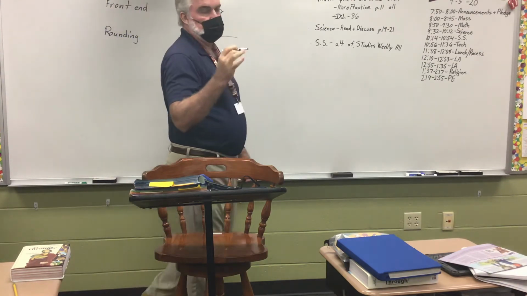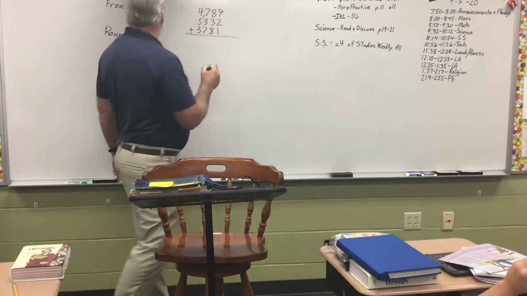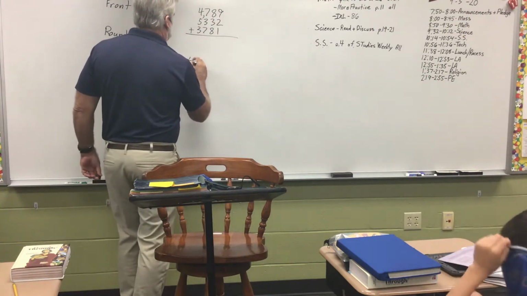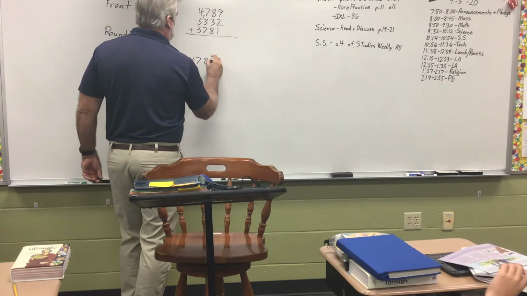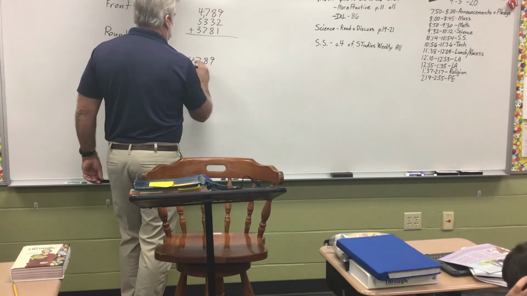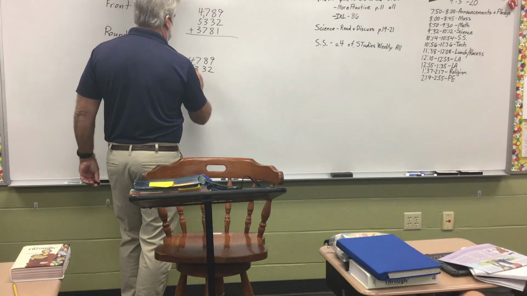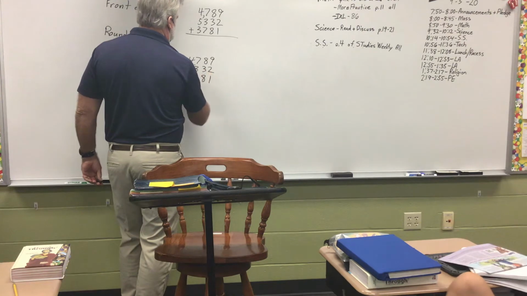Now, I'm going to do this two ways. You guys over here, I'm going to do the same one, but we're going to use rounding. And I'm going to show you how you could end up with two different answers.